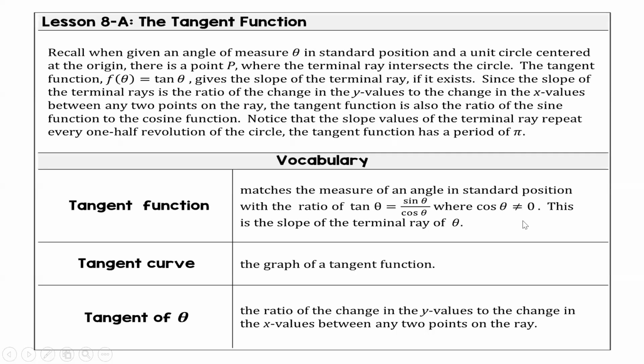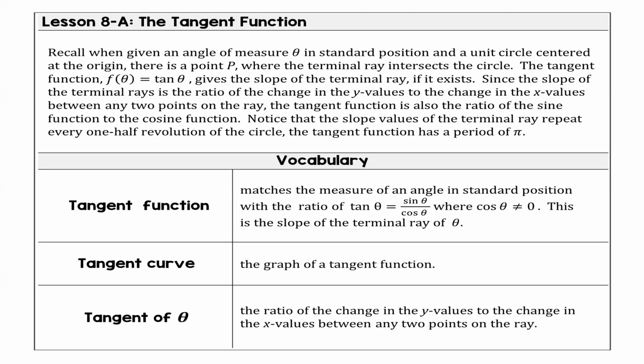All right, so when we are talking about the tangent function, remember, it's that relationship between your sine and cosine, right? Using the quotient rule. And just when we're describing it, we have to keep in mind that at some point, a zero can be in the denominator, right? And when a zero is in the denominator of a rational function, what does that produce? Undefined.